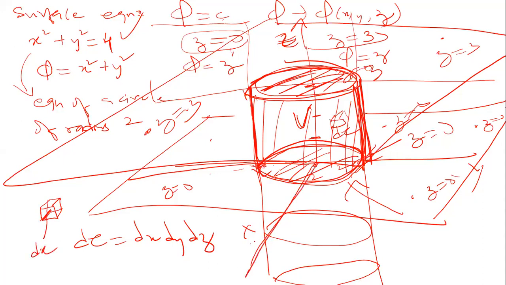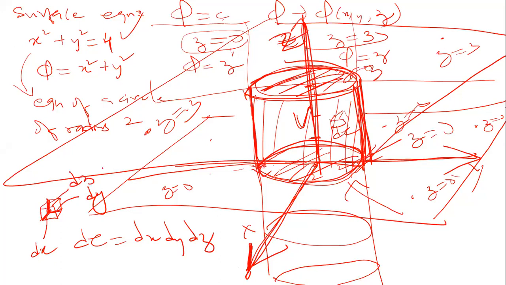See, this is your x-axis. This horizontal is your y-axis, so along this line the element is dy. This vertical line is your z-axis, so along it the element is dz.